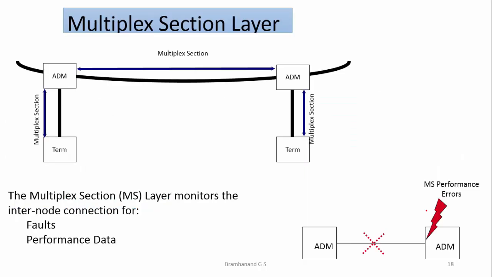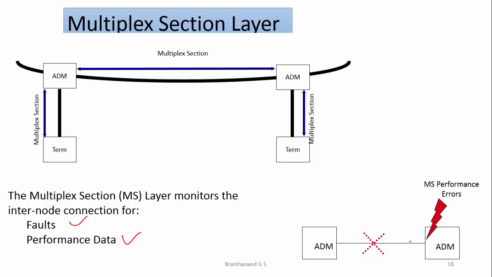Multiplex section layer. The multiplex section layer monitors the inter-node connection for faults and performance data. When any traffic affecting problem happens between, say for example, two ADMs within a multiplex section, an alarm is generated.